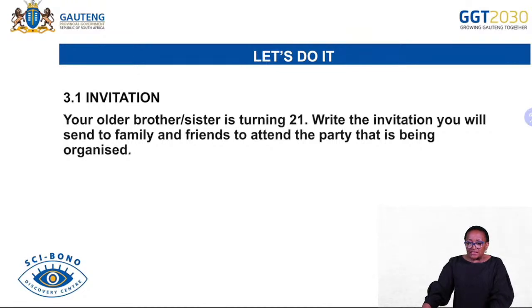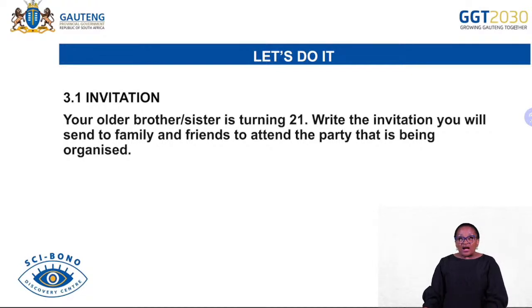Right, when you look at that invitation, other aspects are given. You've got the given aspects there. It says your older brother or sister, not both. So it means you've got to choose. What about the brother? What about the sister? Is turning 21. So what is given in that sentence?